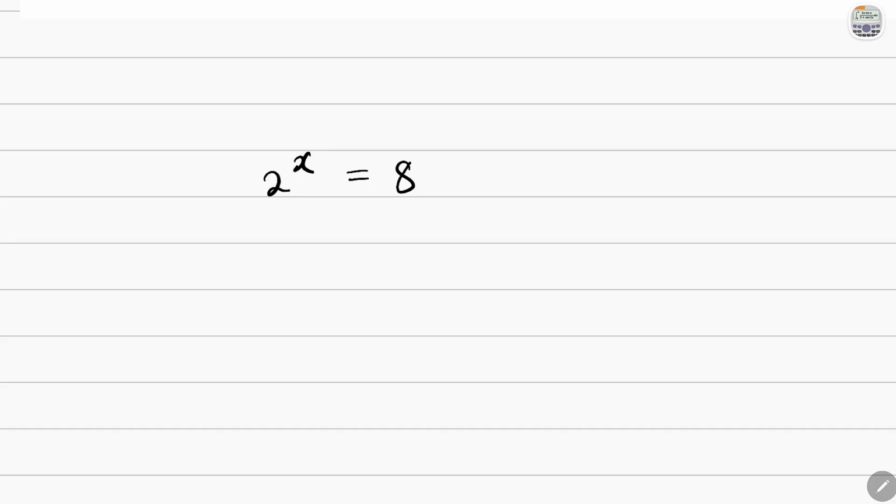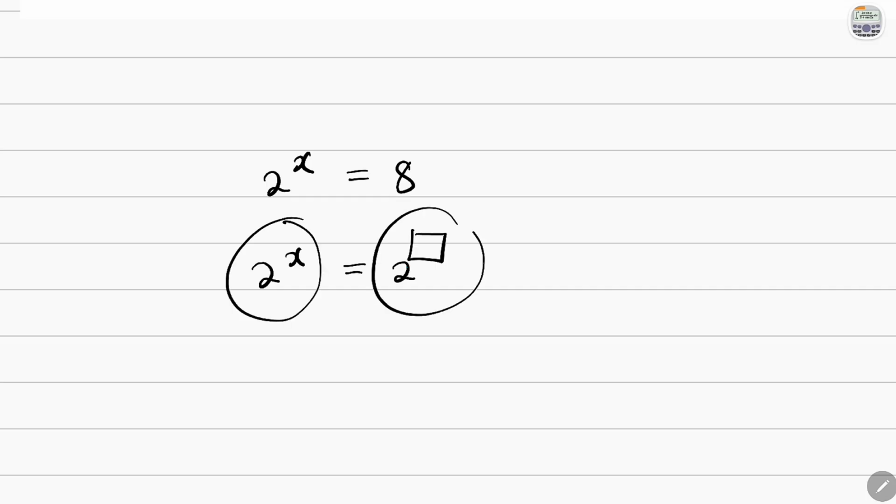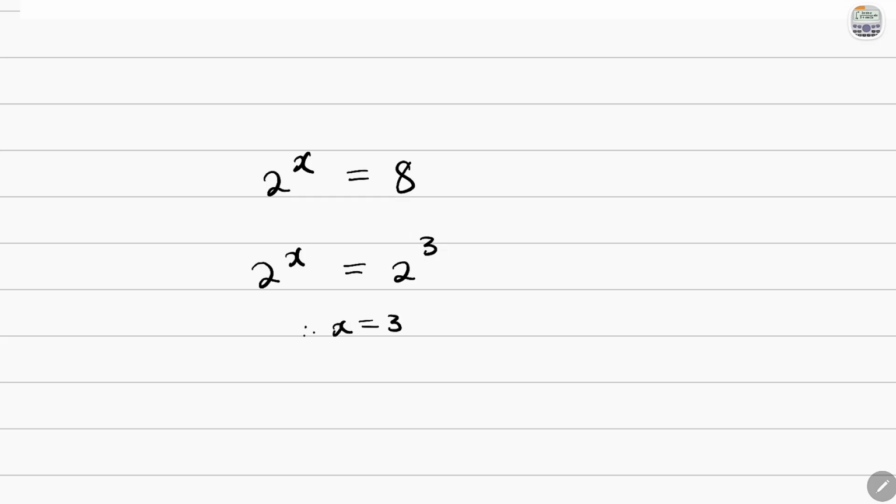To solve for x, you need to ensure that the bases are the same. Because this is 2 to the power of x, if you can find out 2 to the power of what this is, then for the left-hand side to be equal to the right-hand side, their exponents should simply be equal. So you know that 2 to the power of 3 gives you 8. So that means x should just be equal to 3. And then that would be your solution for x.